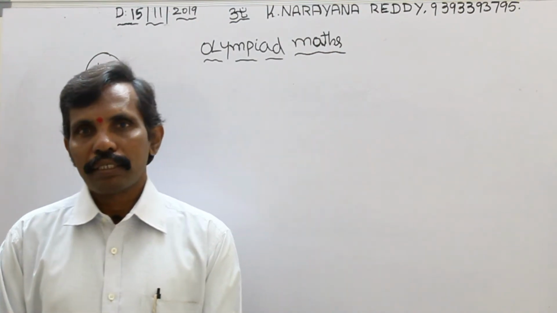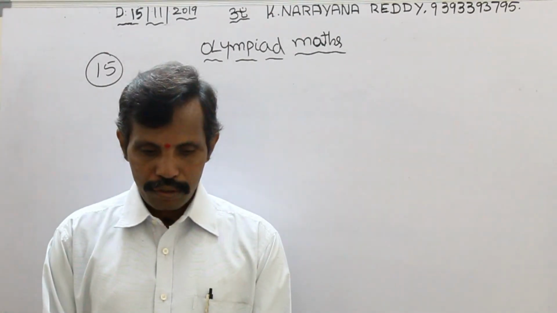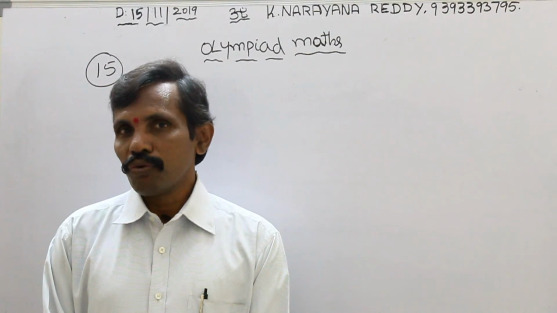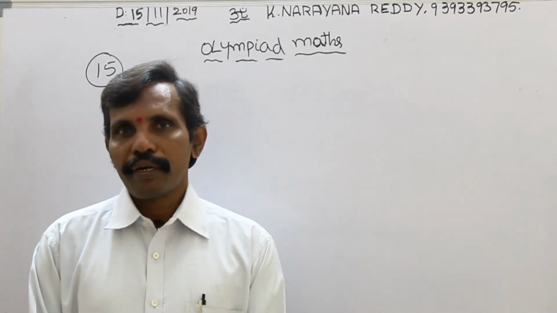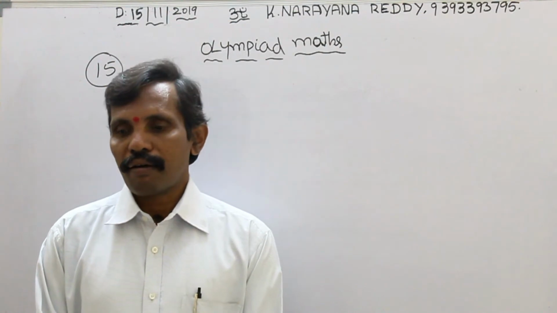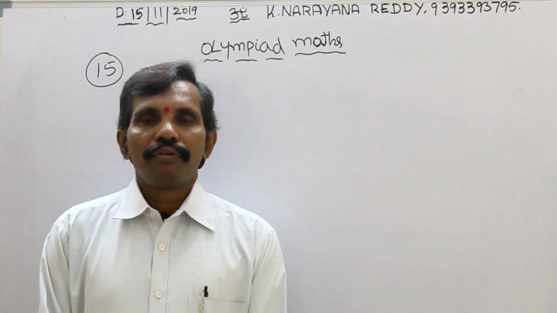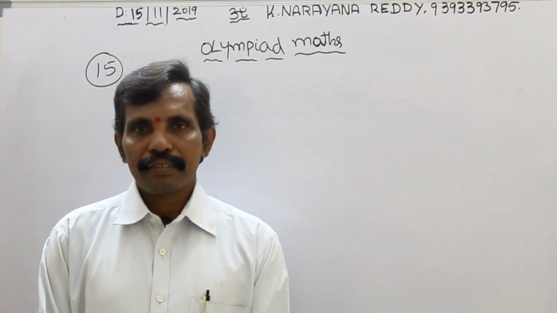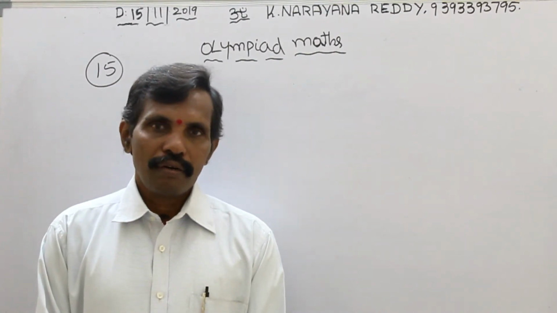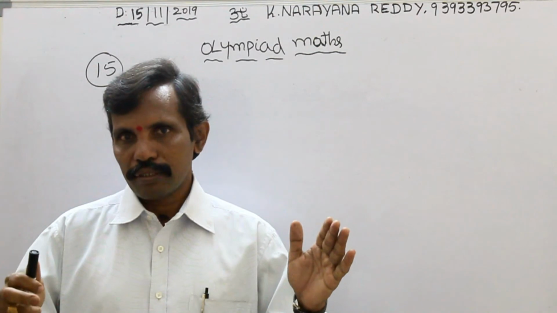So, how to use these trigonometric applications in space or to find the distances or the heights of a building or a tower, whatever it is, how to use this.